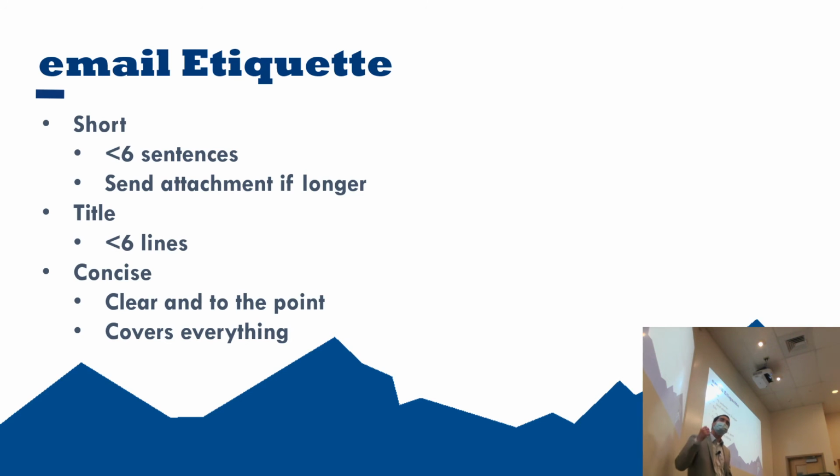For the title, which is another way to say the subject, make sure that you're not having that be too long. The same thing goes for a signature at the bottom, where you have your name, maybe where you're located, and any contact information that you need. But some people go a little bit overboard with that. It may be 20 lines.